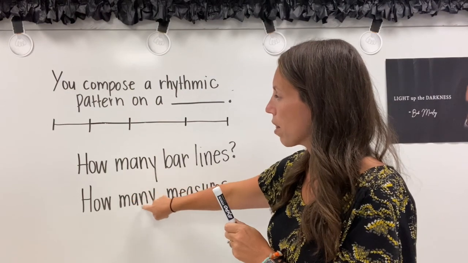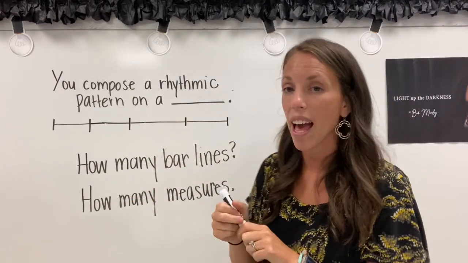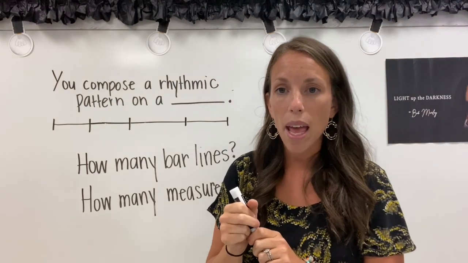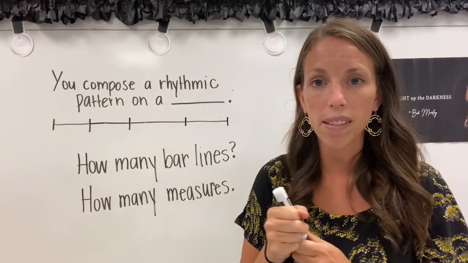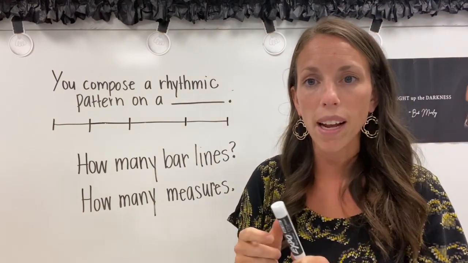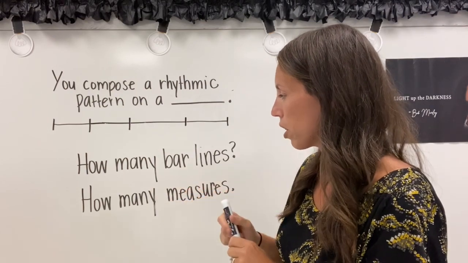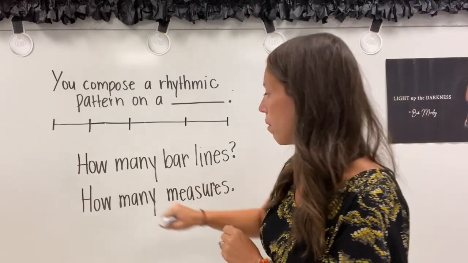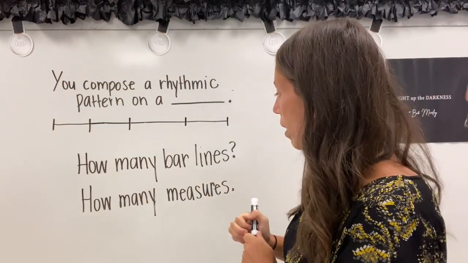Question number 2 and 3 go along with this example here, and I have uploaded a picture of this example in the assignment. So please open that up before you answer these 2 questions. And you are going to tell me how many bar lines and how many measures.